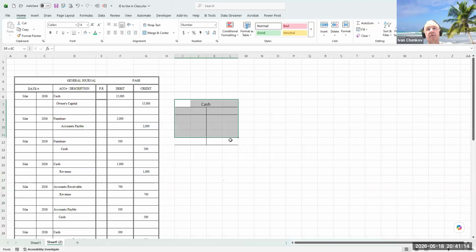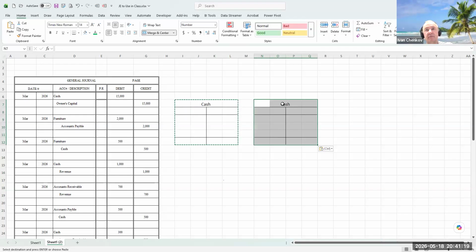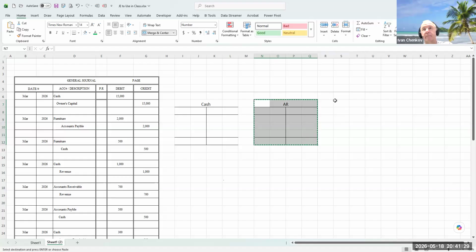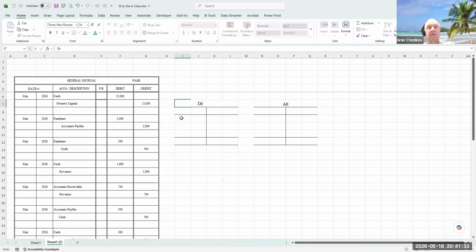That will be my cash. Then I need here accounts receivable. Then I need another account, which will be furniture. But before I do that, I need here debit and I need here credit. Debit and credit.